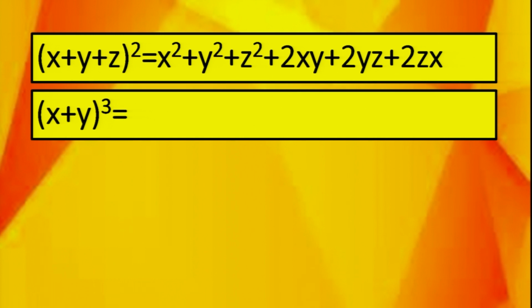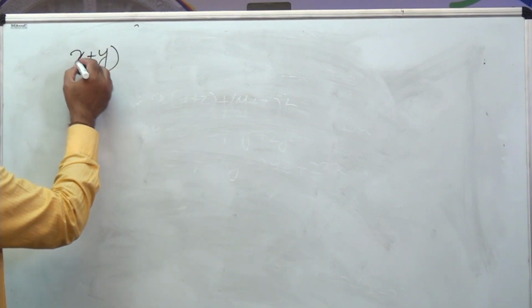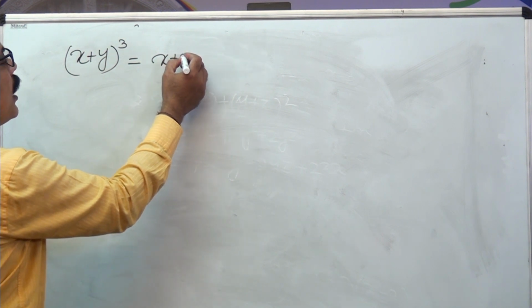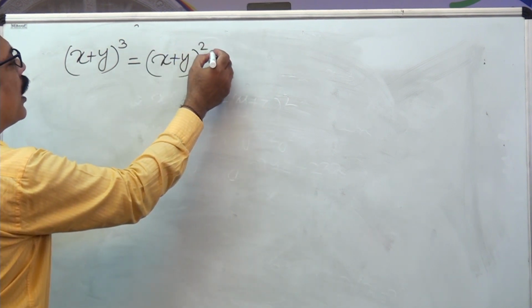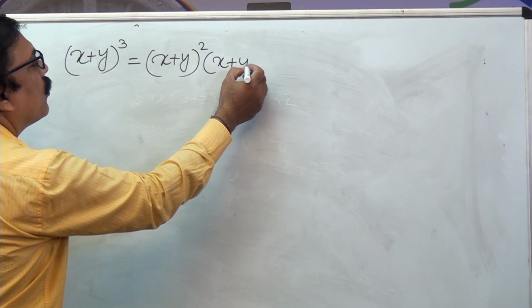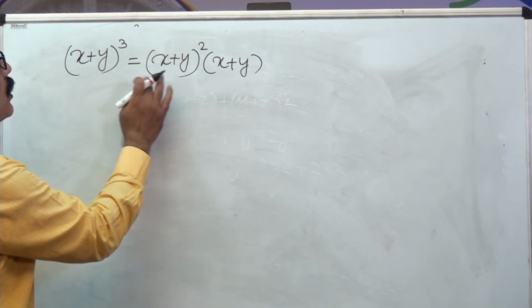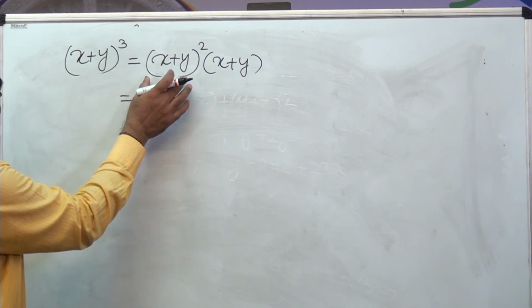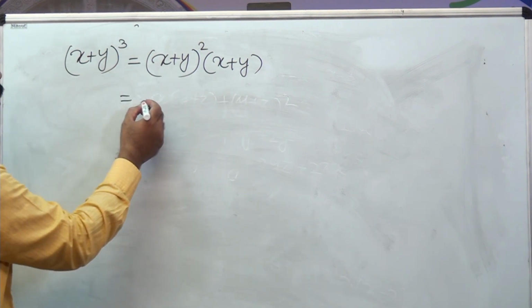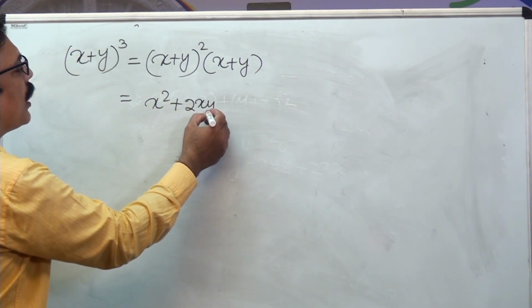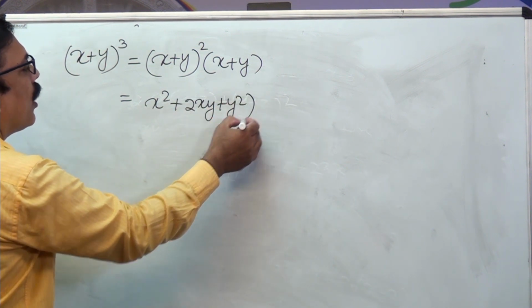x plus y whole cube can be written as x plus y whole square into x plus y. Now the identity gives x plus y whole square as x square plus 2xy plus y square.